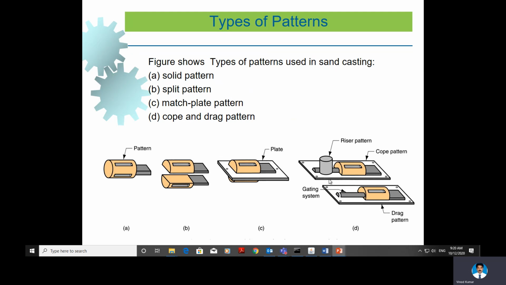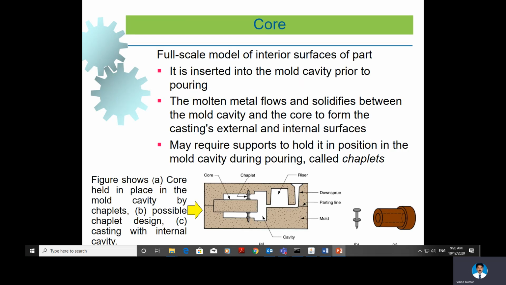Core. This is the core. Core is inserted into the mold cavity just prior to the pouring. Why we need a core is to produce holes, hollow sections, etc. It can be of any shape like square, rectangular, circular, etc. So these internal parts can be produced by core. Sometimes cores are fixed with the help of chaplets.